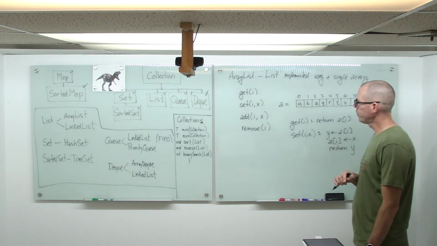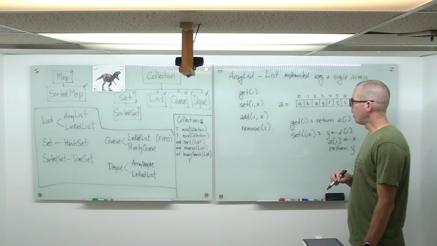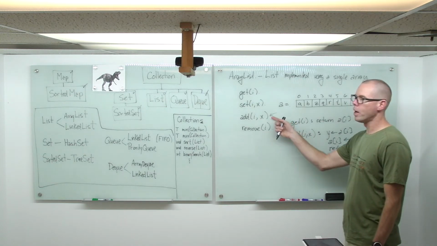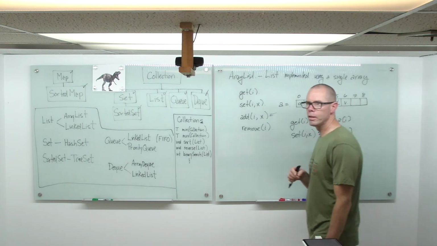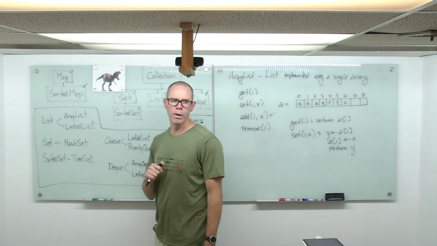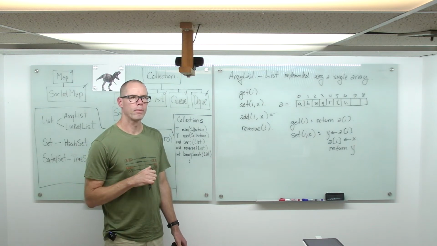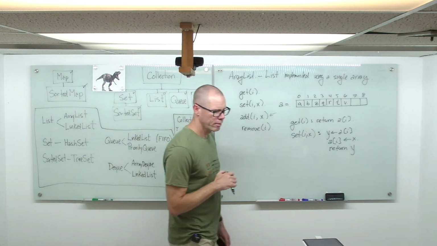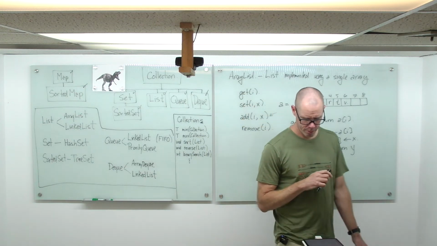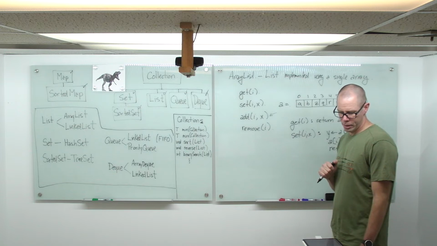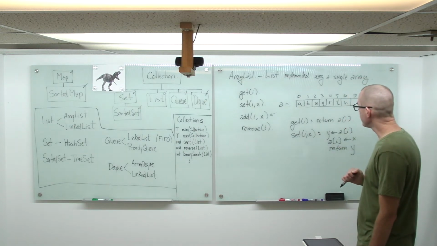So, does anybody see difficulties that might come when we try to add something at a particular location in an ArrayList? Yeah, the array will run out of space.